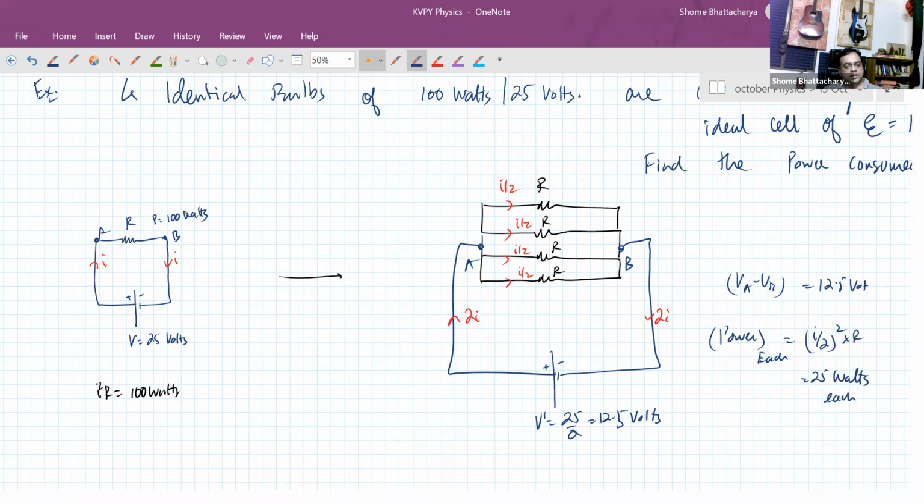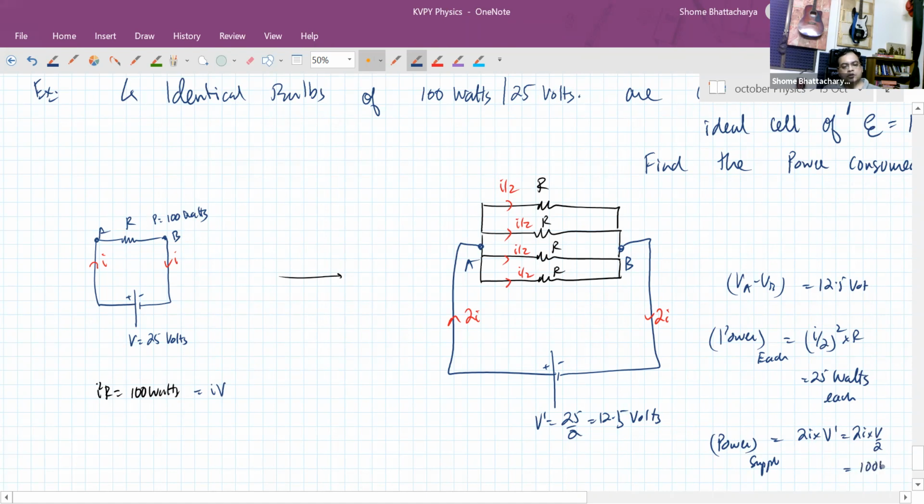And here, the power supplied by the source will be equal to 2I into V prime, so I into V, so 100 watts.